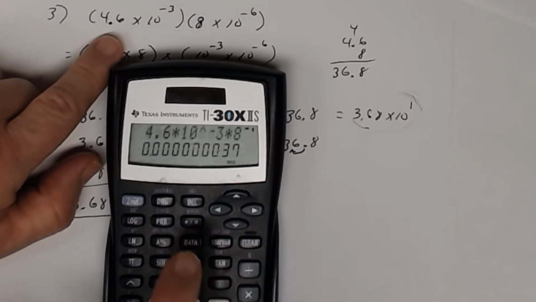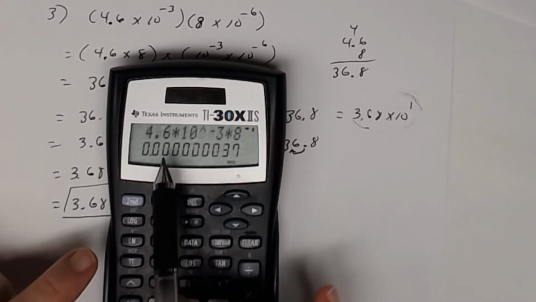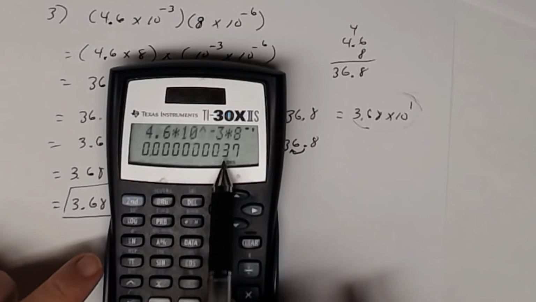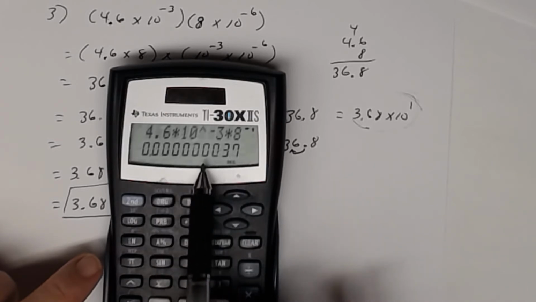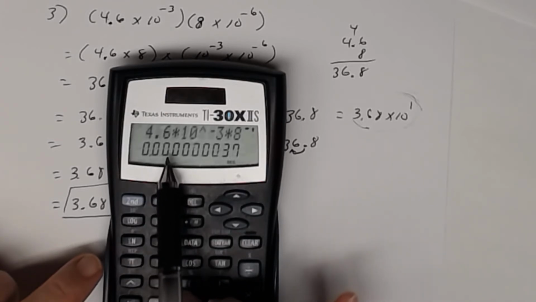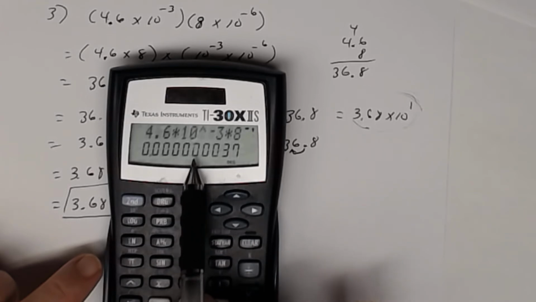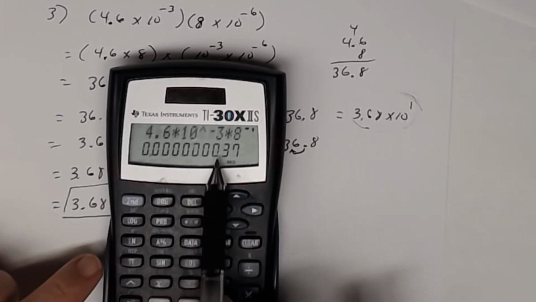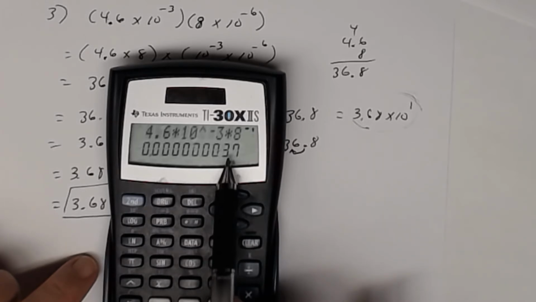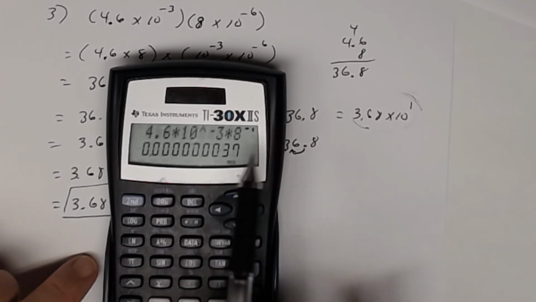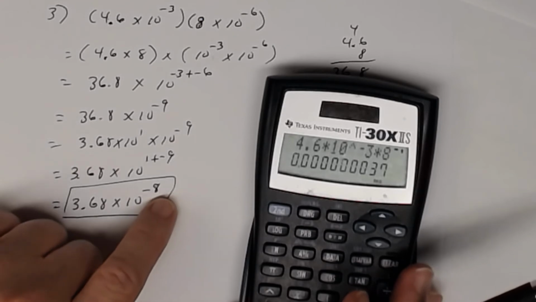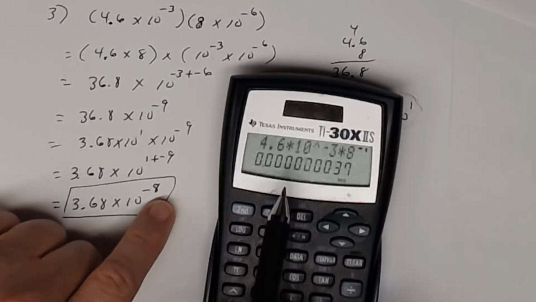You see this right here, right? If I take this decimal point and move it to the right, I go 1, 2, 3, 4, 5, 6, 7, 8. So I get 3.7, times 10 to the negative 8th power, which is what this is, negative 8 since I moved it to the right.